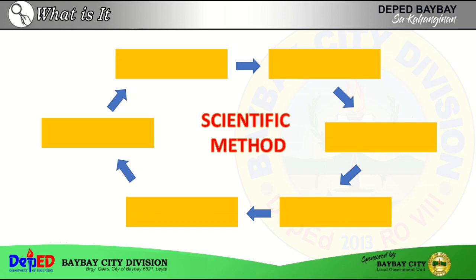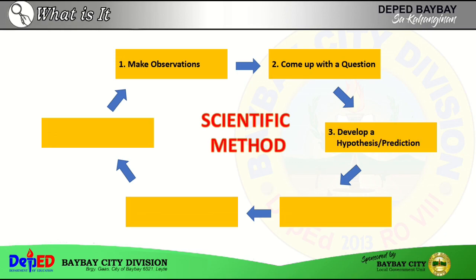Now, let's check your answers. Scientific method has the following steps. 1. Make observations. 2. Come up with a question. 3.